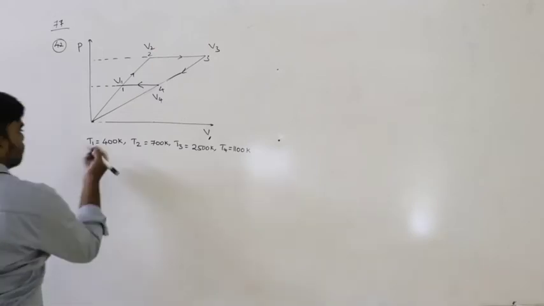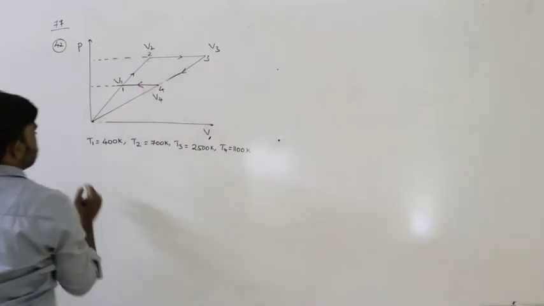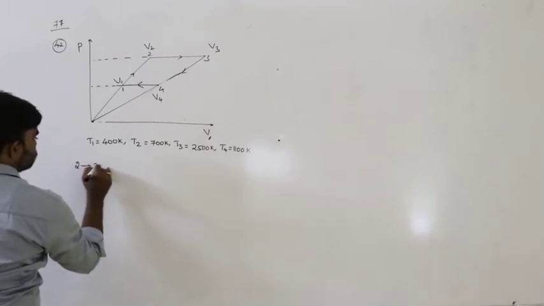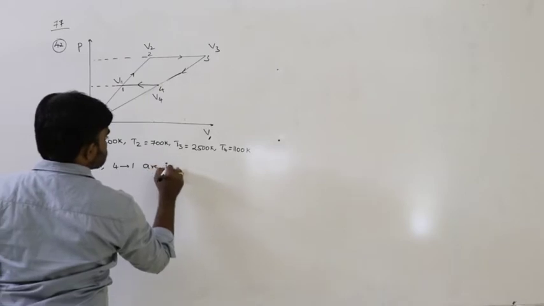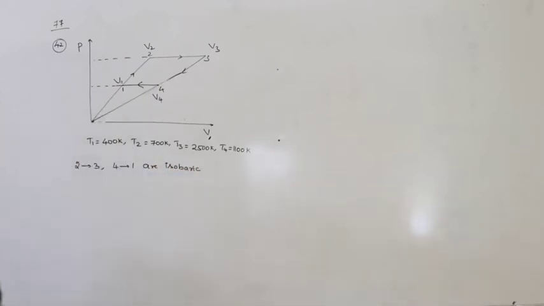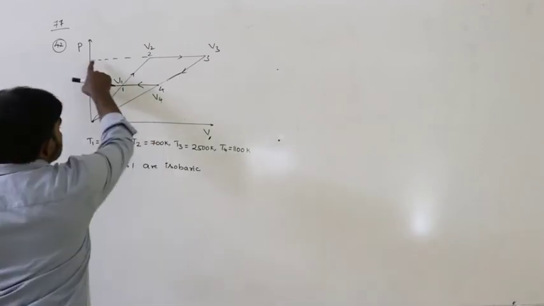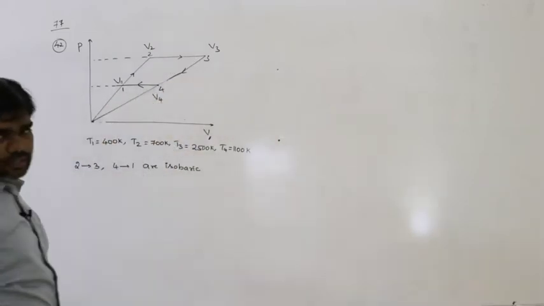See here, the processes 2 to 3 and 4 to 1 are isobaric, because see the shape of the graph, a straight line parallel to the x-axis.